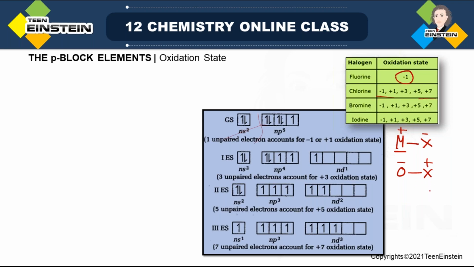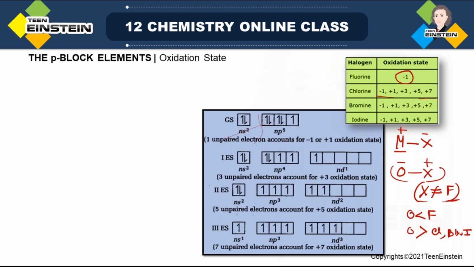Now in this case there is an exception also, when X is not equal to F, because this is not applicable for F. Why is it so? Because oxygen is less electronegative than fluorine, but oxygen is more electronegative than chlorine, bromine or iodine. So that is why, except fluorine, in all other cases positive oxidation state of halogen is possible in their compounds with oxygen.